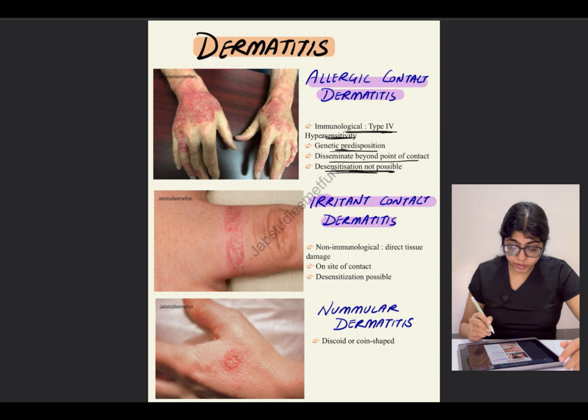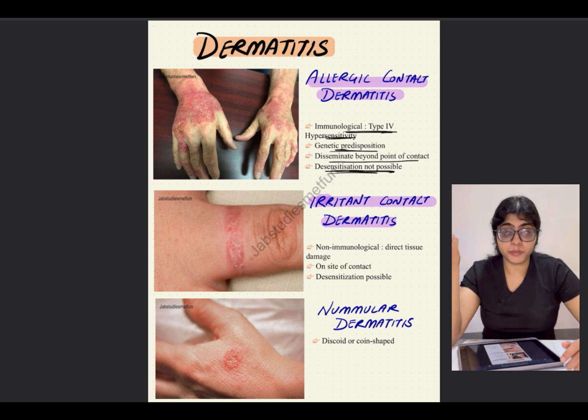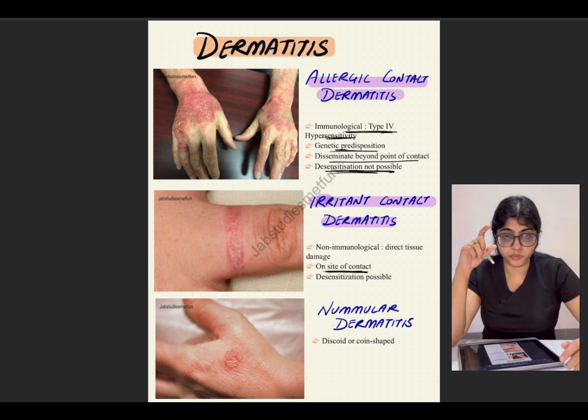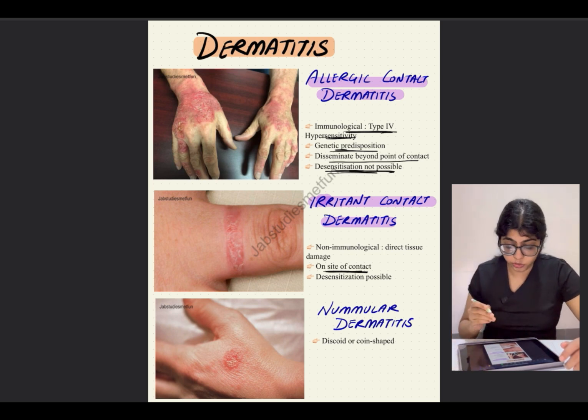However, in irritant contact dermatitis, the body will repeatedly come in contact with an irritant. For example, it can be any metal, any detergent, or anything, and it can only form the lesion on the site of contact. This is a major difference between allergic contact and irritant contact dermatitis, and we need to remember that.